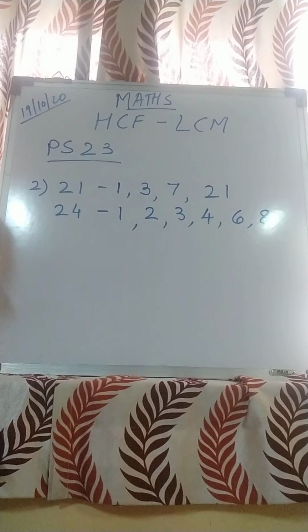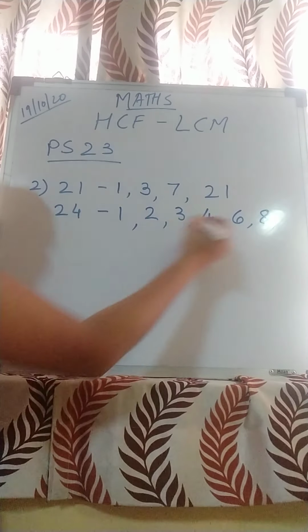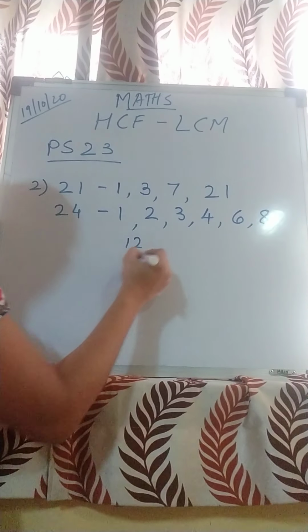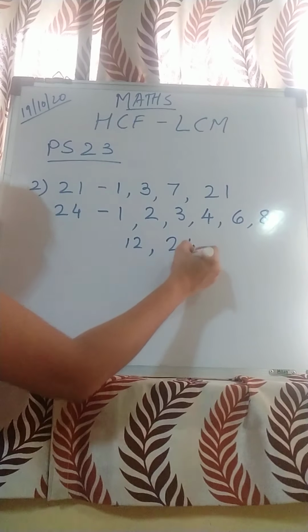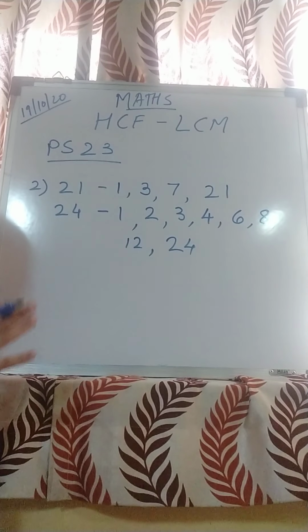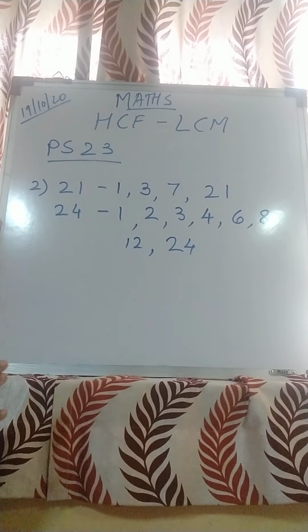After 8, 12, since 12 twos are 24, and after 12 directly 24. When 12 twos are 24 comes, then only the first place remains, so the last factor is 24. Now you have to find the common factors from them.